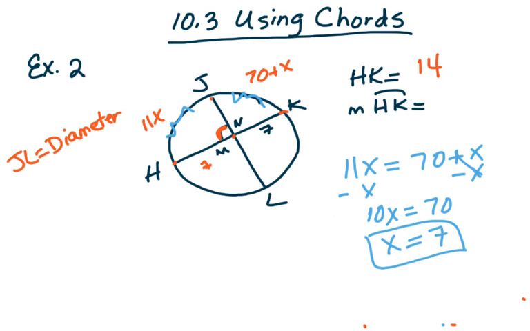So what is the measure of HK? This whole measure, well, 11 times 7 is 77. So this side is 77, and this side is 77.